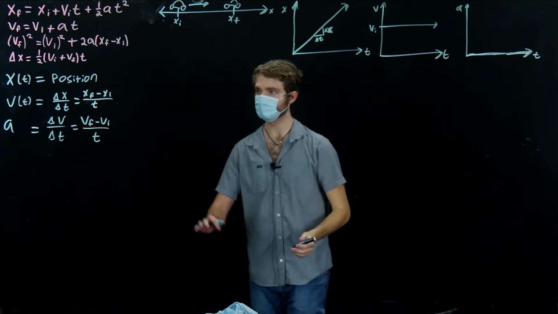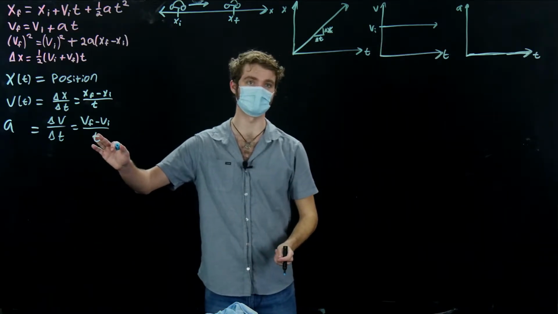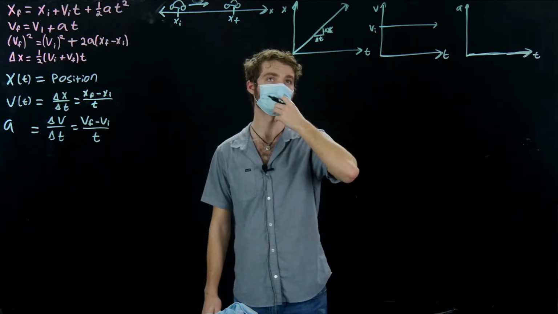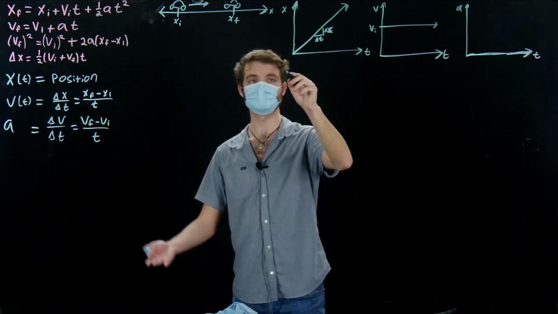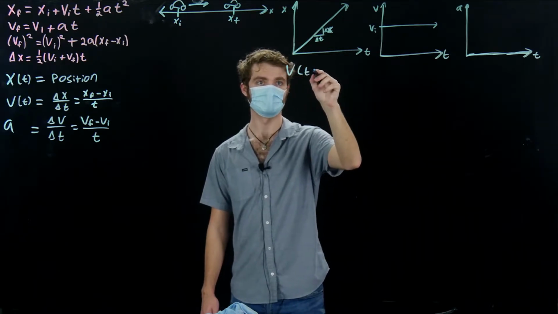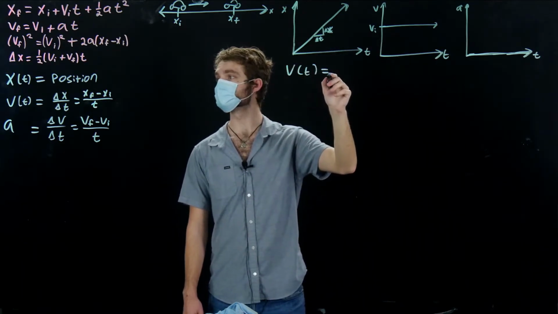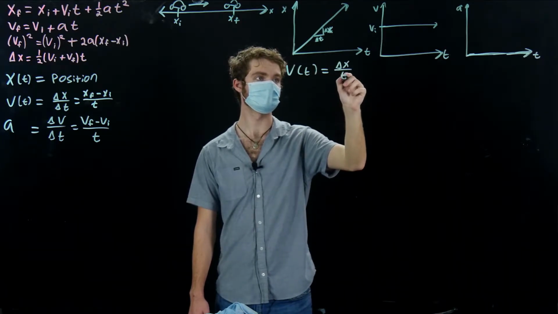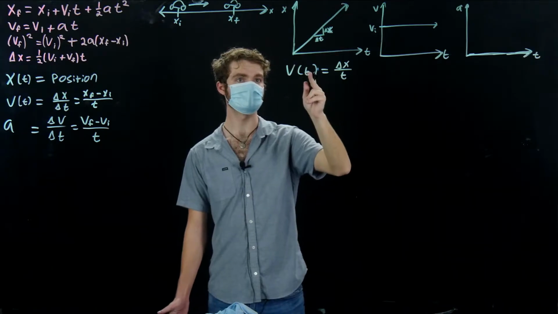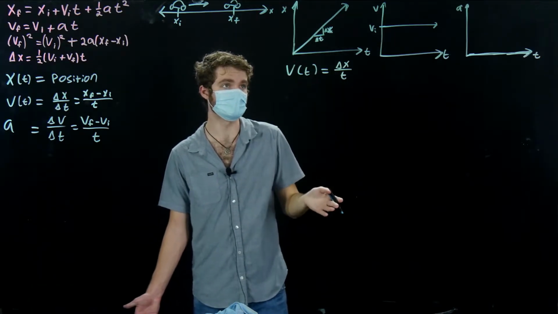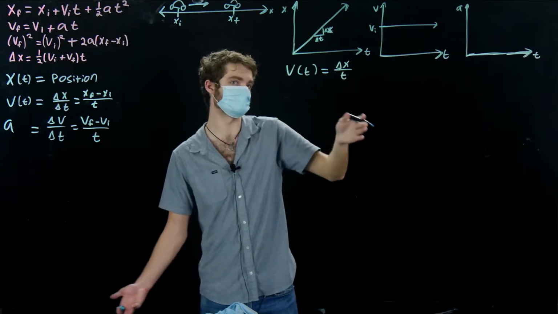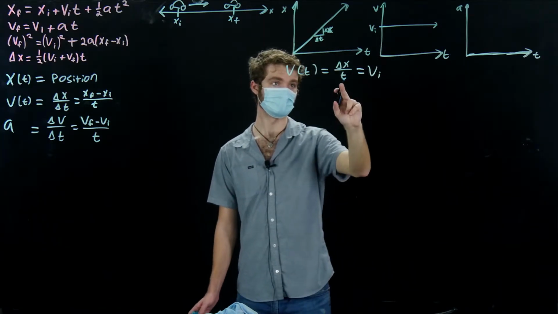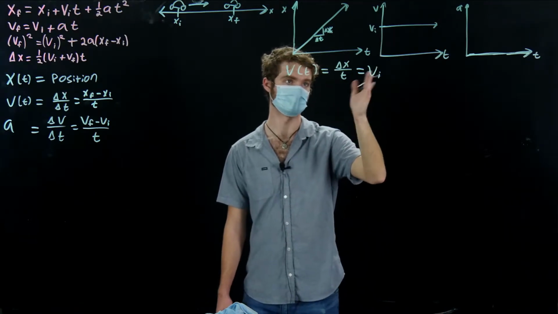So using just our definition of velocity, we can logically figure out where our car is at any time. So definition of velocity, v of t, is change in x over time. And since v of t is constant, it's not changing. The function v of t is just vi, v initial. And it's constant, which means we can multiply over our delta t, or just t.